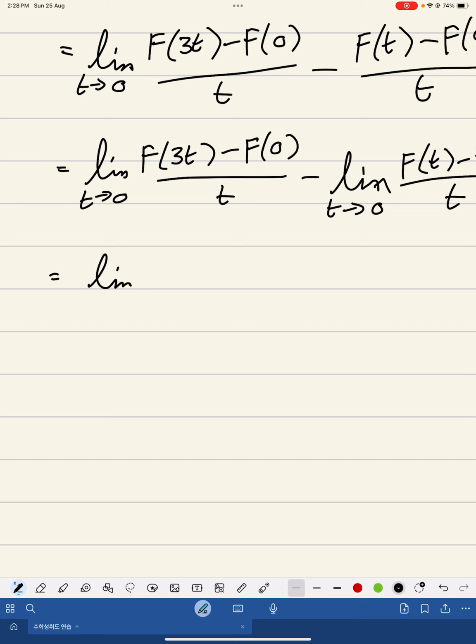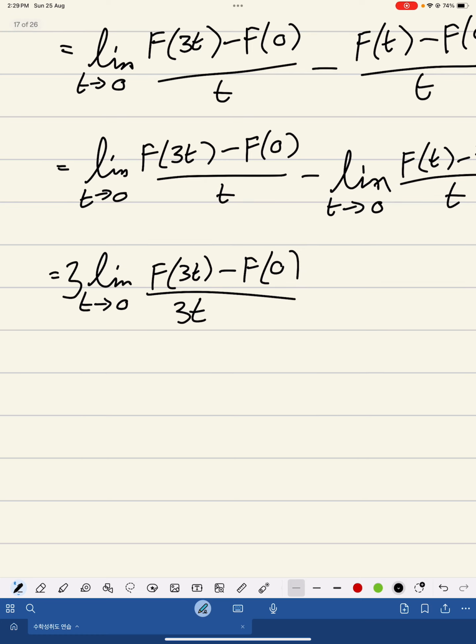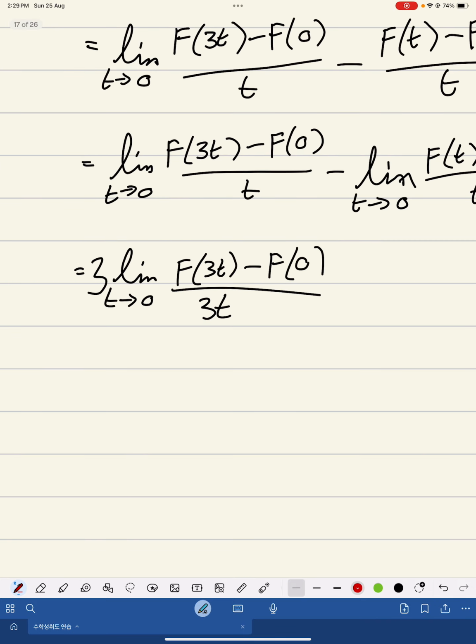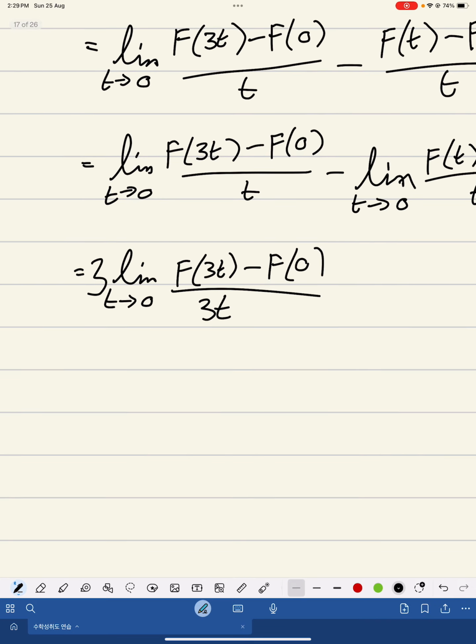Well, in the limit as t approaches 0, we can multiply by 3 and then divide by 3, right? Because that will not change the limit. And it doesn't matter what t approaches. If t approaches 0, then 3t will also approach 0. It's just a constant multiplied, so we can change the limits as well.